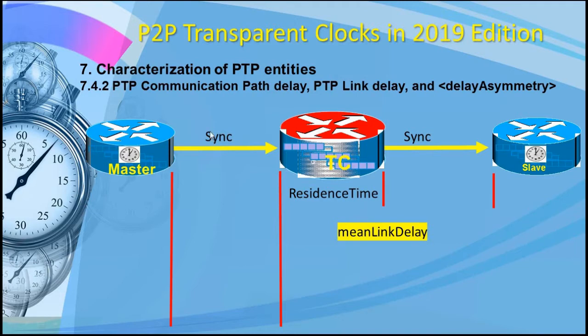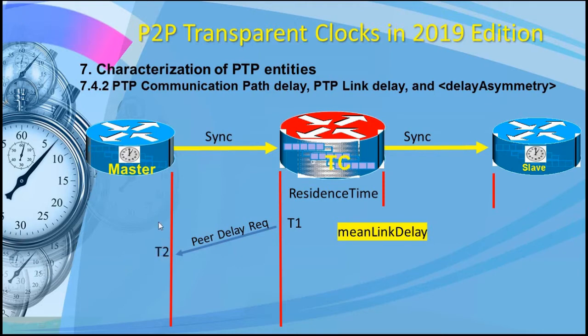We mentioned we need to calculate the link delay between master and the transparent clock. Here the mechanism is called peer delay calculation. The transparent clock at timestamp T1 sends out a peer delay request message.